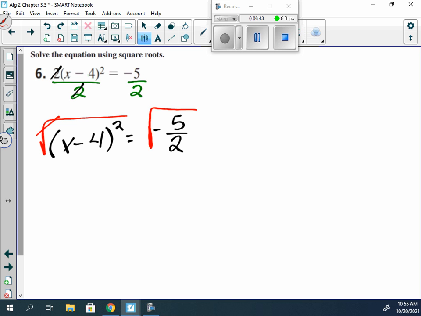Because the square root and square will cancel, telling me x minus 4 is equal to plus or minus. Just go on and give me the decimal version of that. Go on and type it in your calculator so we can get that, because we went over yesterday how we can go about using the yellow calculator to figure it out. We can break it up. And what do we get?